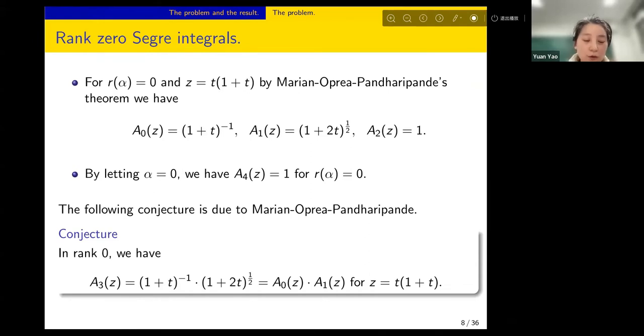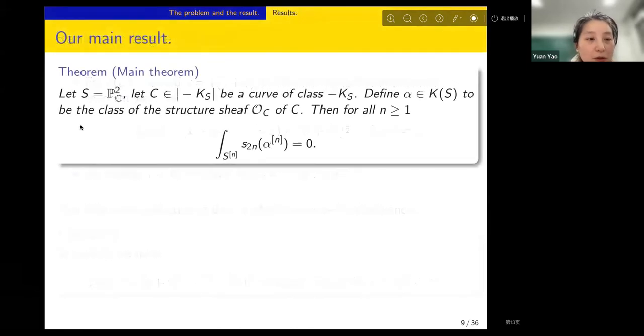You get the whole Segre series for a chosen surface, then you get all these series, since they are universal and don't depend on the surface. So I choose the surface to be P2, very easy. And we choose the anti-canonical class divisor.